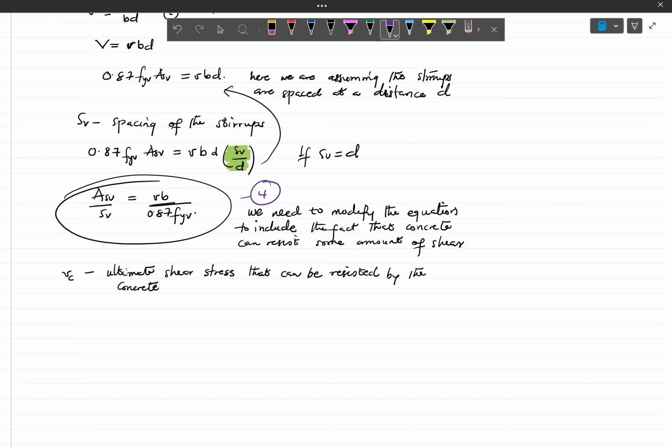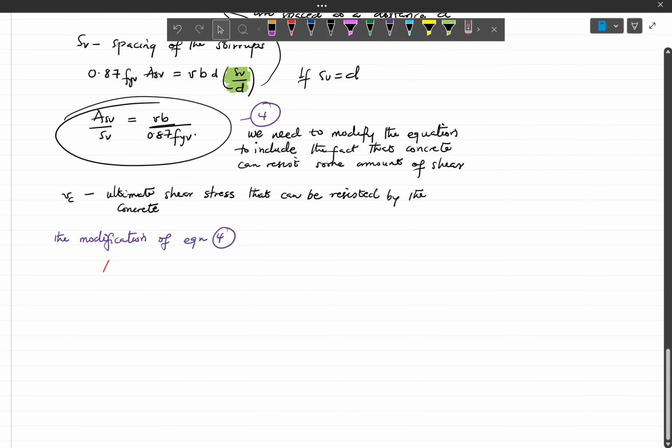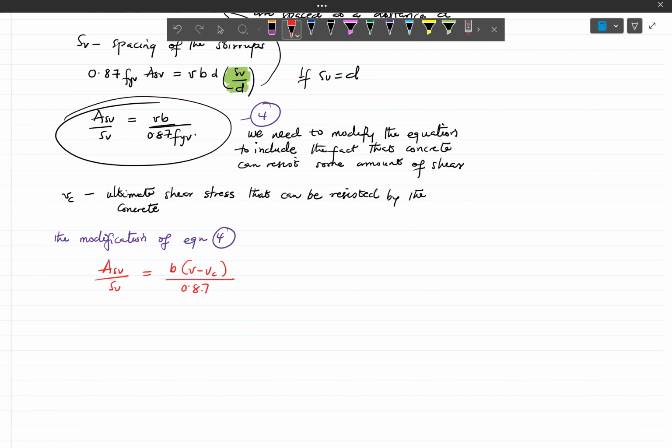So the modification of equation 4 would be that Asv over Sv will be equal to b into brackets small v minus small vc, all over 0.87 fyv.